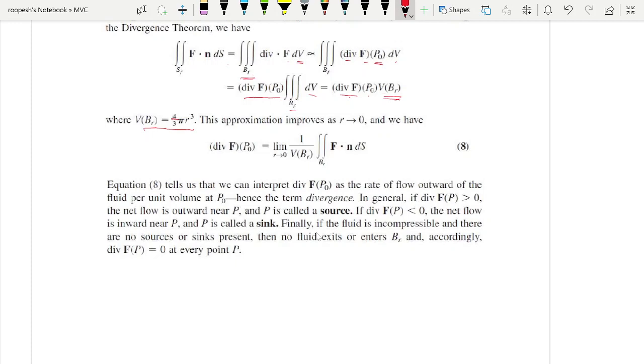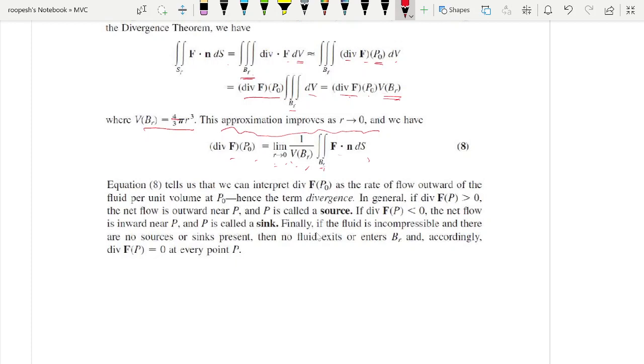Now we can substitute it here and go for the approximation to improve. As R tends to 0, we have divergence of F at P naught equal to the limit as R tends to 0 of 1 by volume of BR times the integral over SR of F dot n dS.